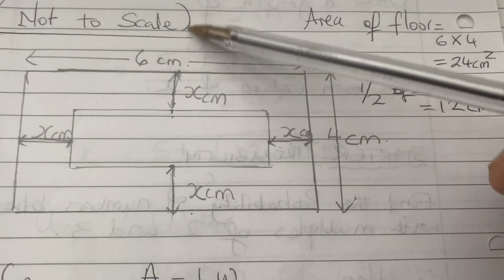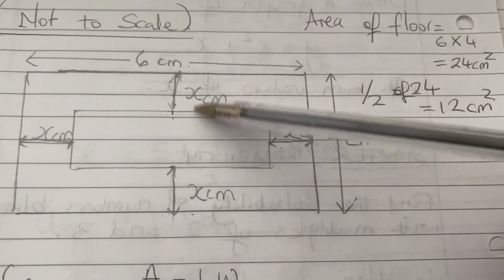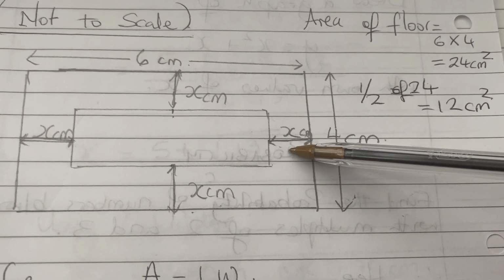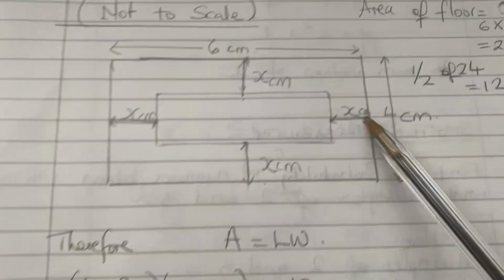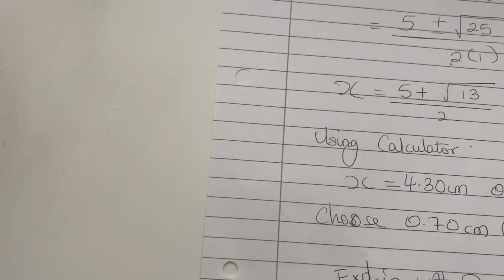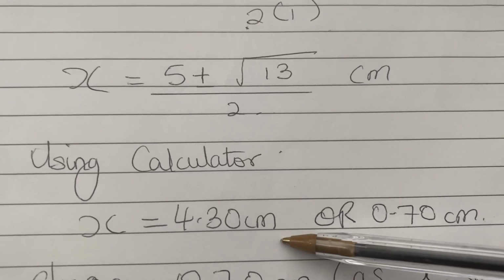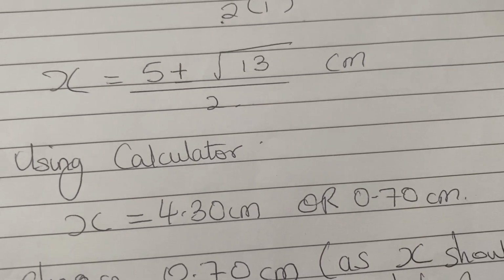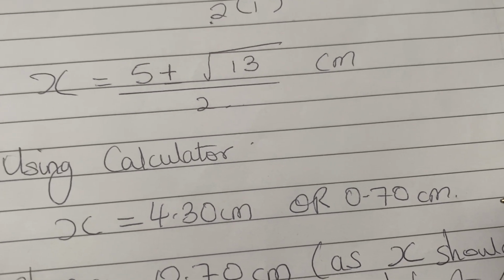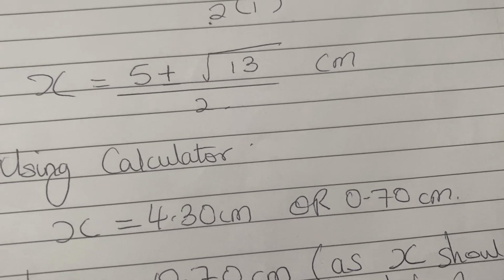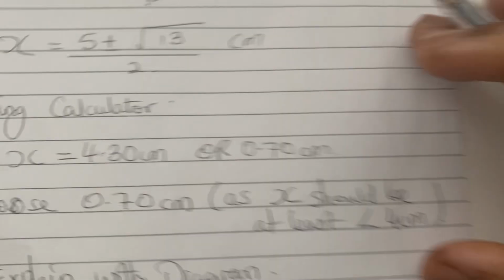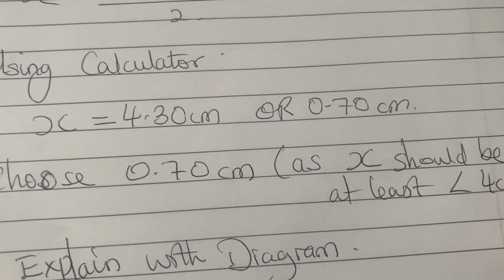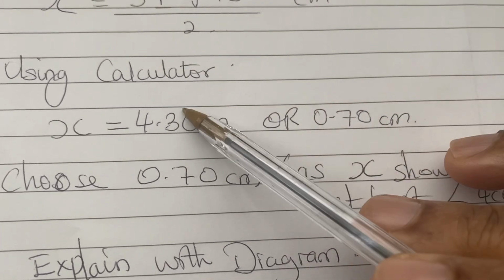So the realistic answer to choose is 0.7 centimeters. Unlike some of the questions we see, where one is negative and one is positive, and I can't choose a negative answer for length, here both of them are positive, but I can't choose 4.3.